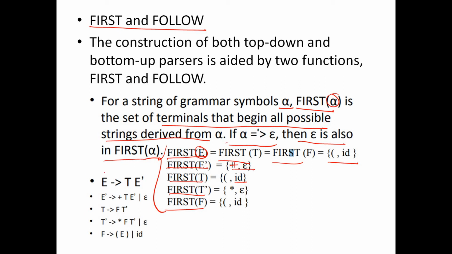So here we can say E dash, T dash, F. So for a set of grammar symbols alpha, the set of terminals that begins all possible strings derived from alpha, these all come under the set alpha.